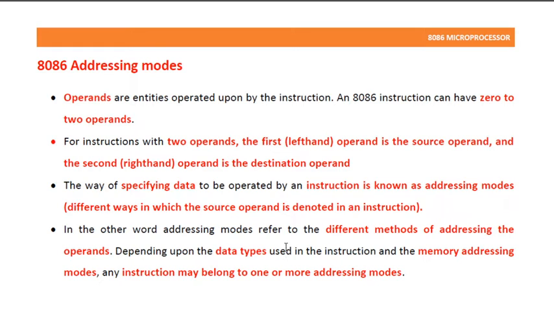So the different ways of specifying data to be operated by an instruction is known as addressing mode, and to be very specific, the different ways in which the source operand is denoted in an instruction.